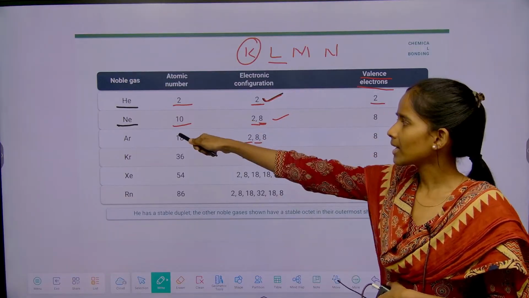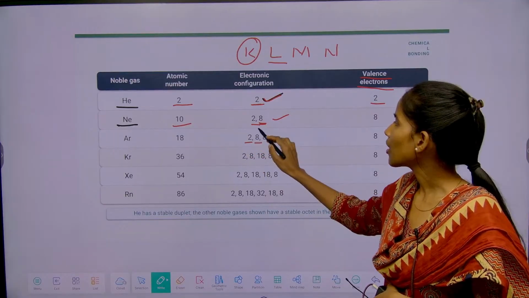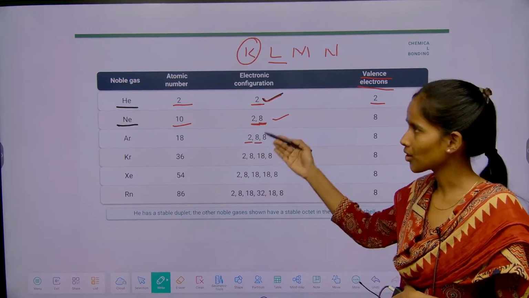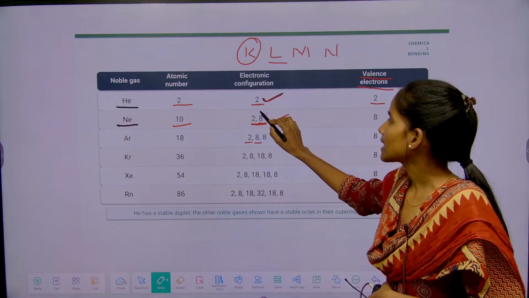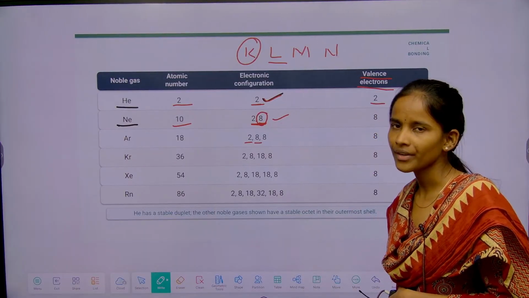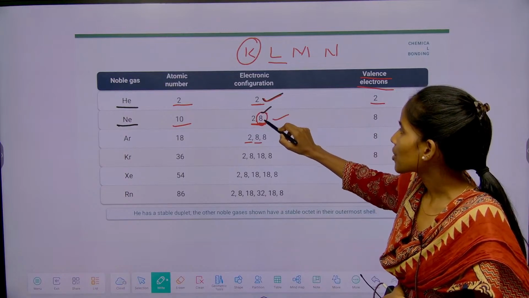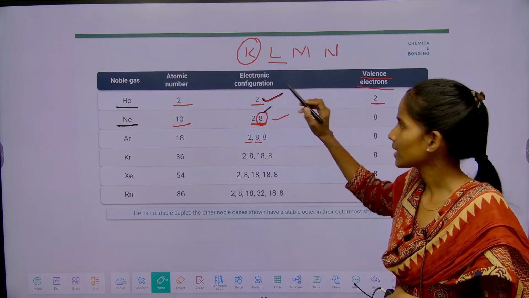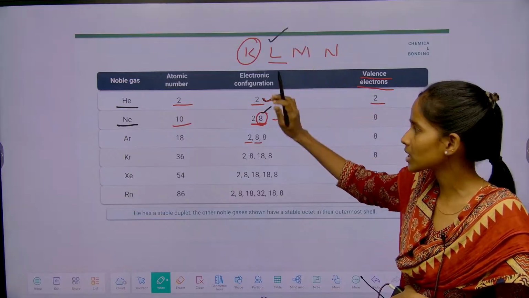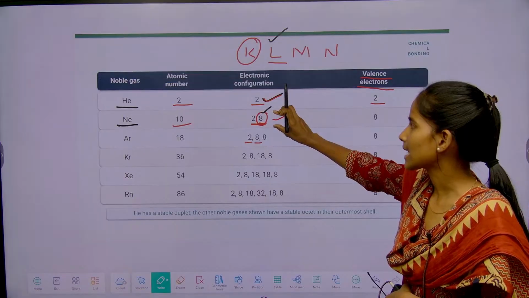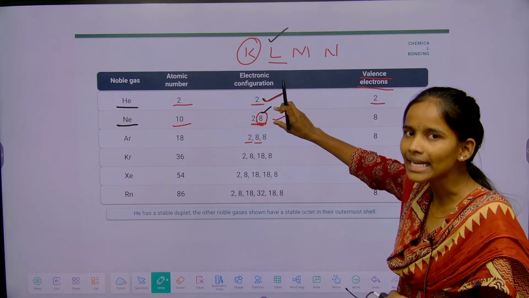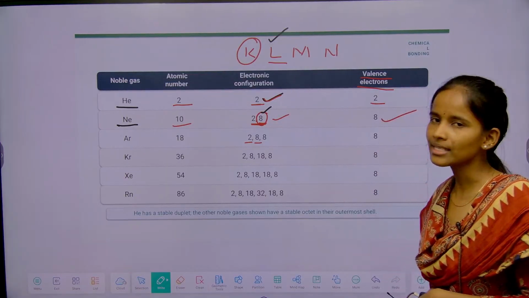Similarly, for neon the configuration is 2, 8: 2 electrons in the K shell and 8 electrons in the L shell. L is the outermost shell for neon, and it has 8 electrons. So those 8 electrons we call valence electrons.